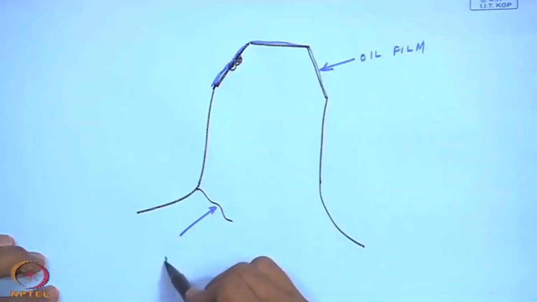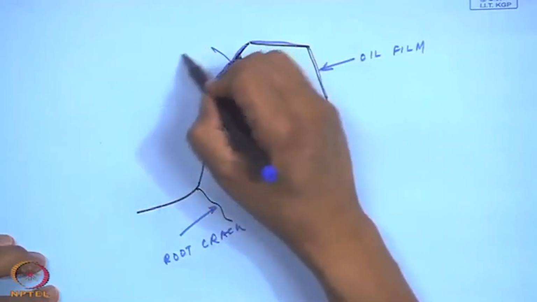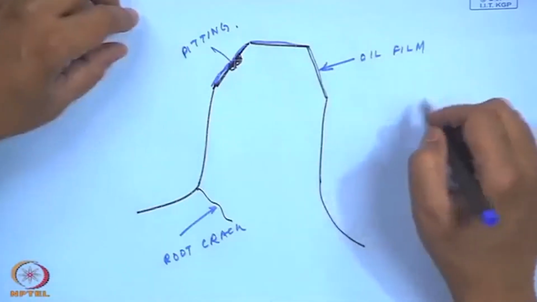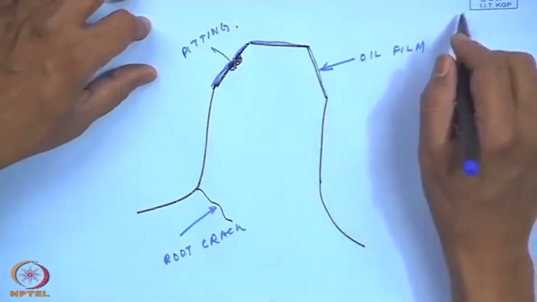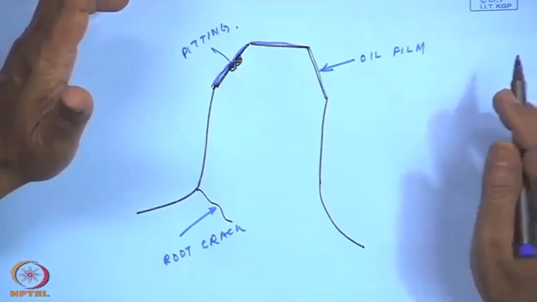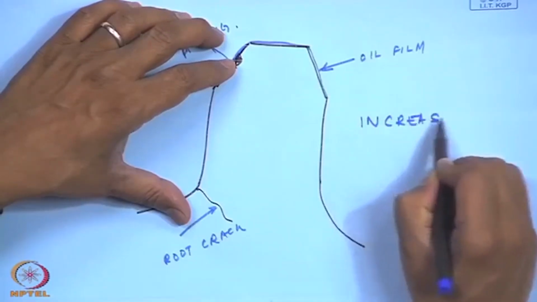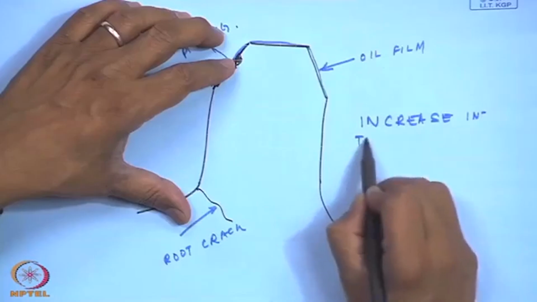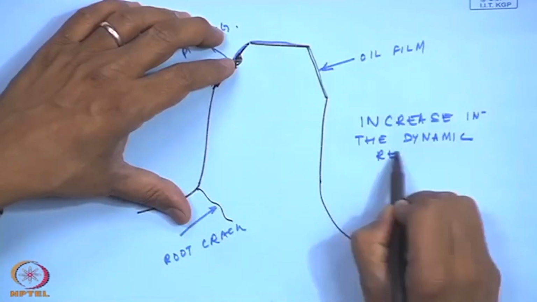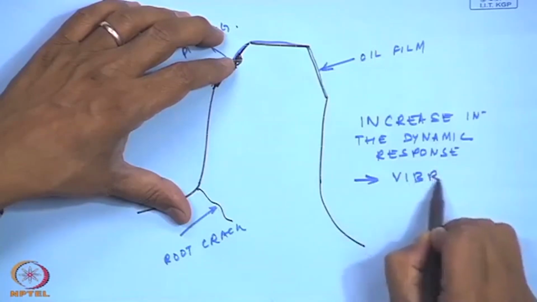This is the root crack, this is the pitting. Of course, the bearing faults, debris fault detection, coupling faults and overheating, all this can occur. So, all this will lead to increase in the dynamic response, or otherwise vibration of the gearbox.